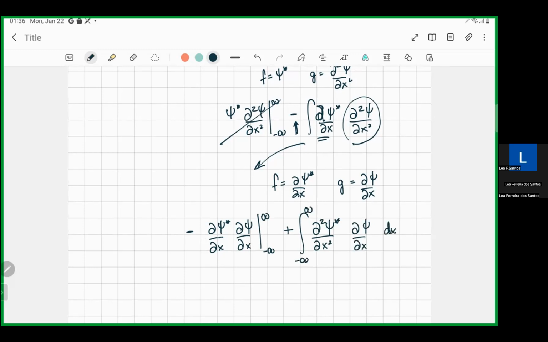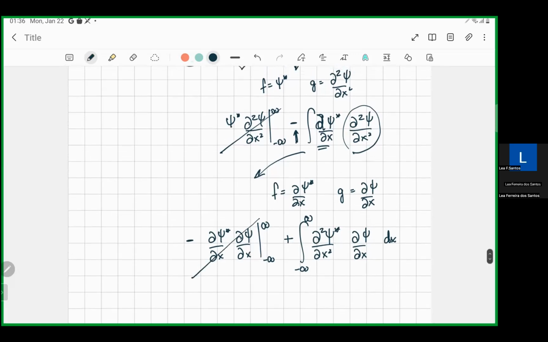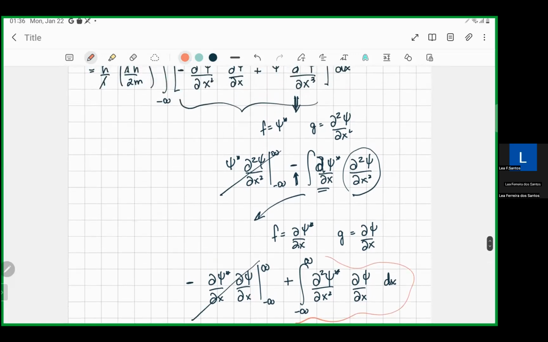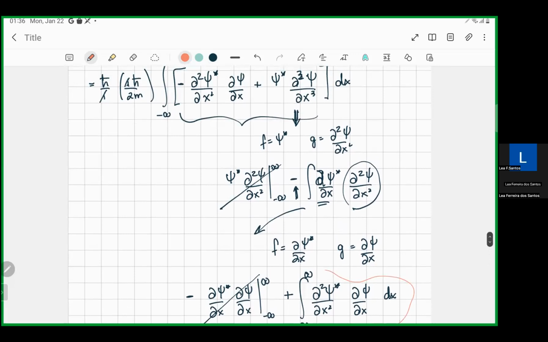Well, again, for these wave functions, which are of interest in quantum mechanics, the ones that can be normalized, the derivative also goes to 0 at infinity. So what survived? This term here. And let's go up. You see that this term is the same one that we have up there with a minus sign.